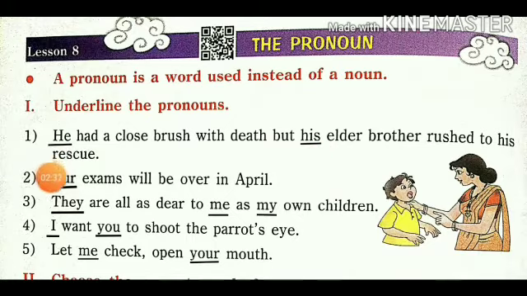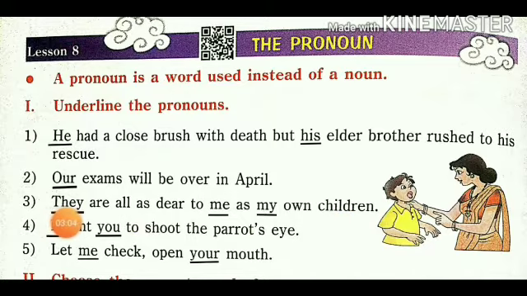Let us go through the next sentence. Our exams will be over in April. Here our is a pronoun, used to avoid the name of yours. Third, they are all as dear to me as my own children.